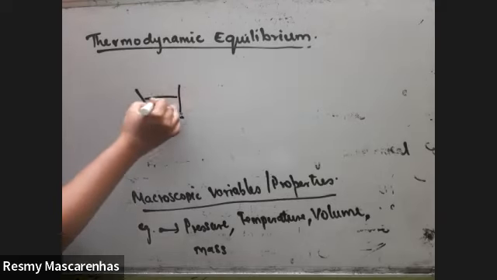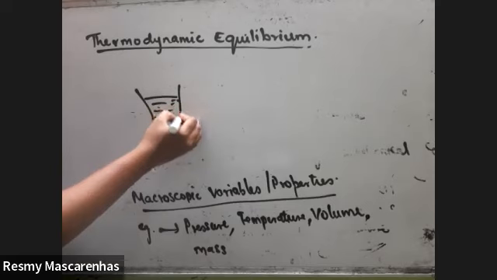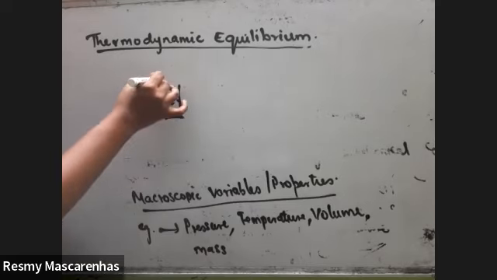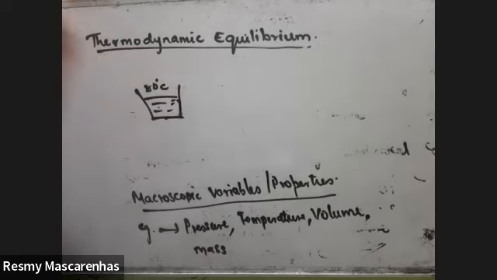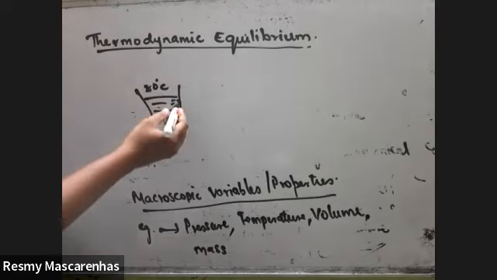Suppose you have a hot cup of tea and you keep it outside, at say 80 degrees Celsius, and the surroundings are at a lower temperature. Now what is going to happen?